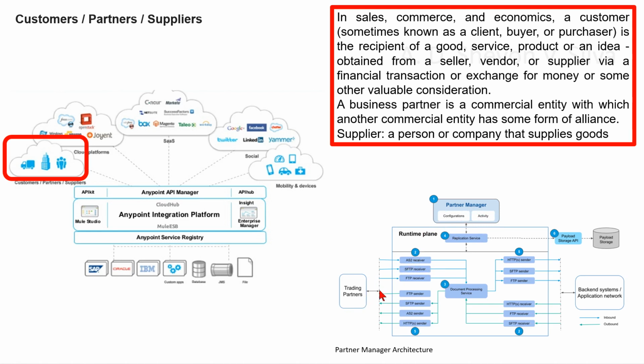trading partners interact with the AS2 receiver. Trading partners are connected to the AS2 receiver, SFTP receiver, and FTP receiver as inbound. The AS2 receiver, SFTP receiver, and FTP receiver are connected to the document processing service as inbound.